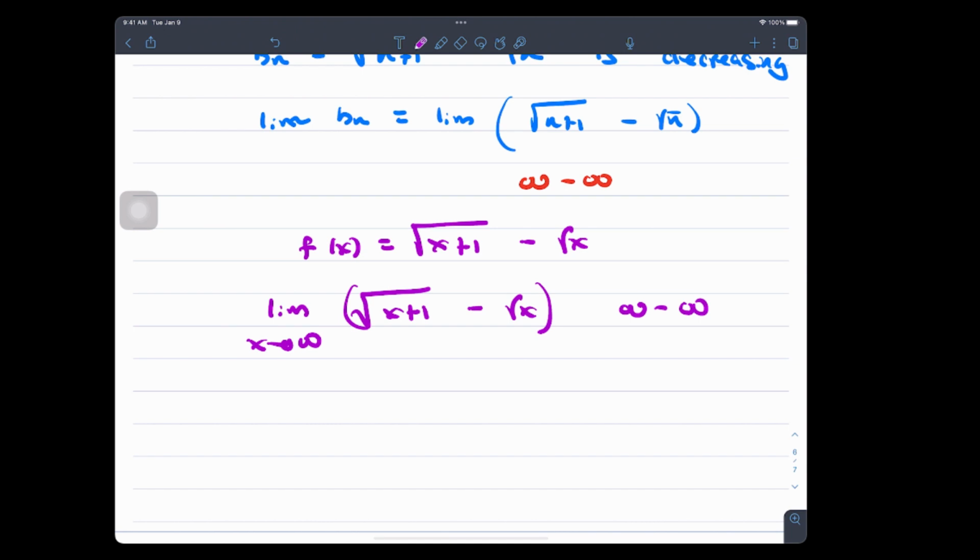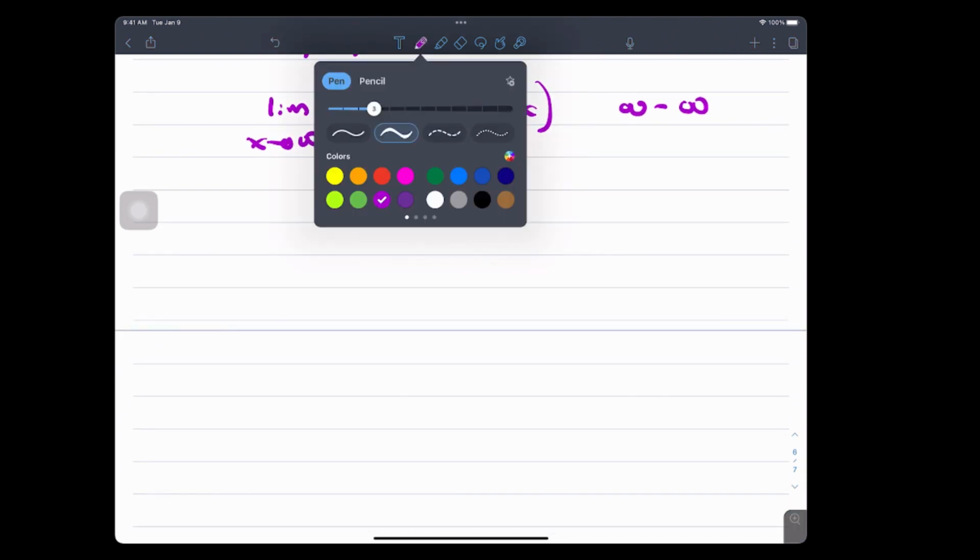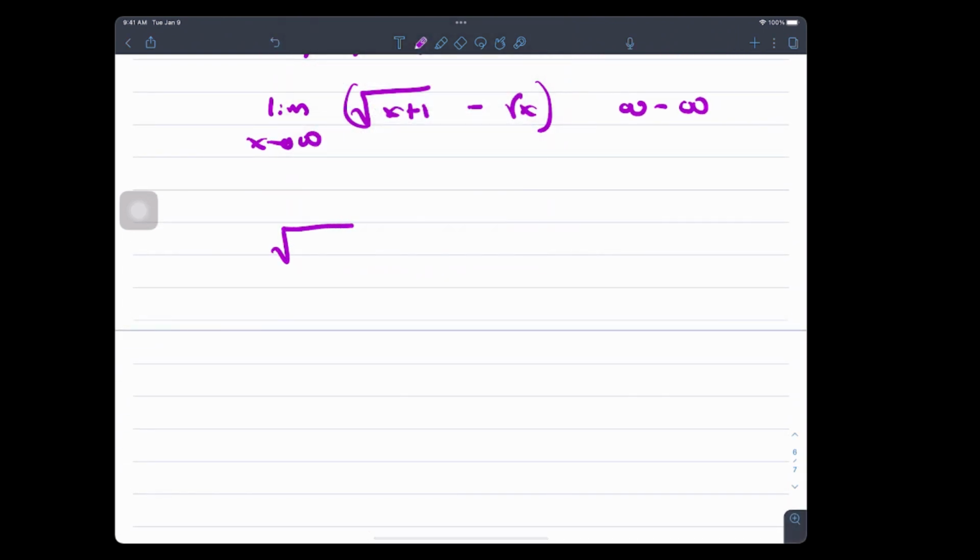Well, this is going to be an indeterminate difference, right? So how did you handle this, if you guys remember? Whenever you have this difference with radicals, there's a way to do it. Is that right? What's it going to be?